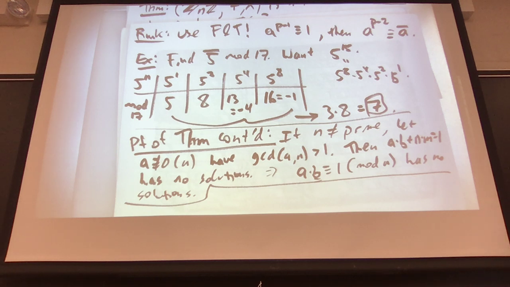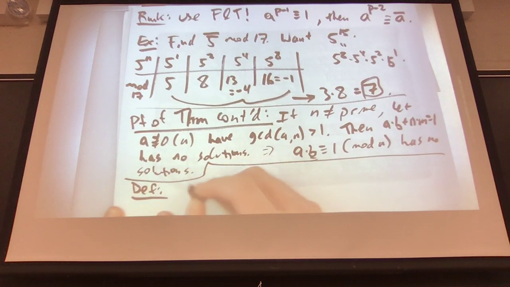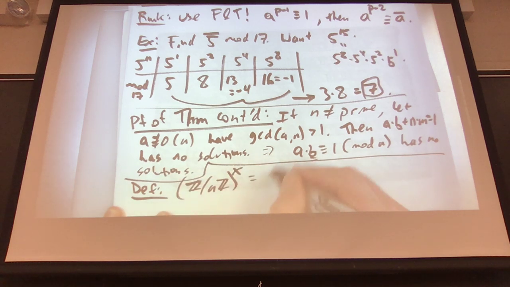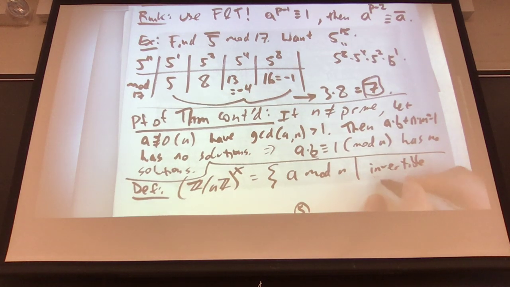Some numbers will have inverses. In fact, exactly the ones with GCD equal to 1 are the ones that have inverses. So let's make a little definition. Definition: (Z mod n)^× is the set of a mod n which are invertible. These are called units also.